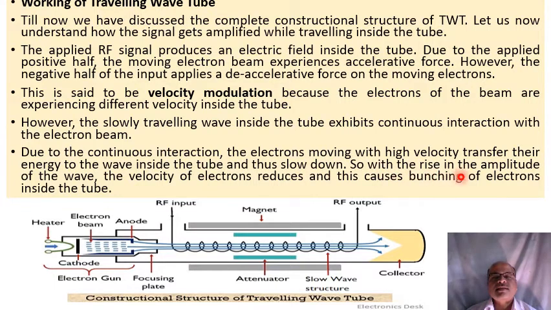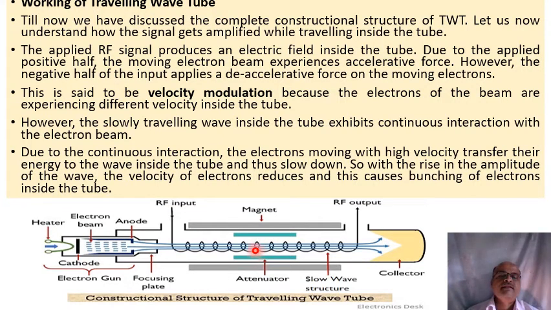So with the rise in amplitude of the wave, the velocity of electrons reduces, and this causes bunching of electrons inside the tube. So the bunching effect occurs as there is a variation in velocity of electrons.